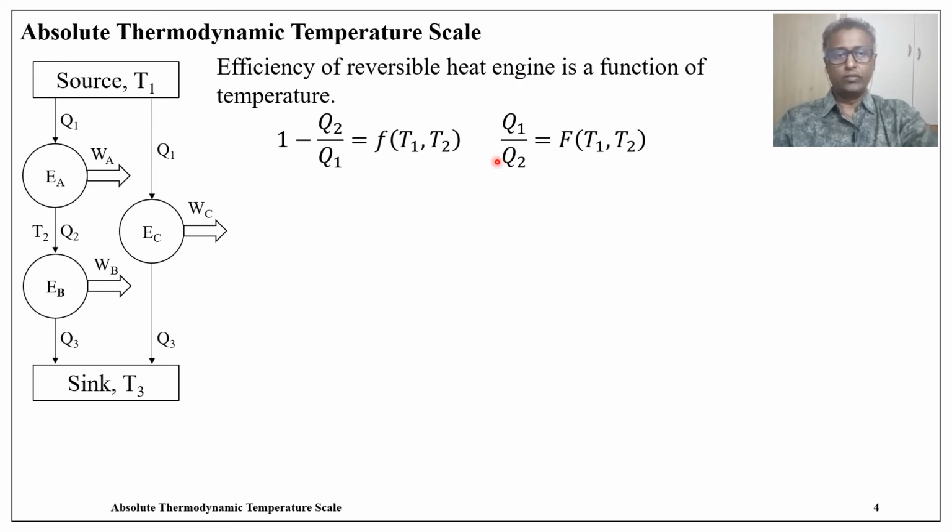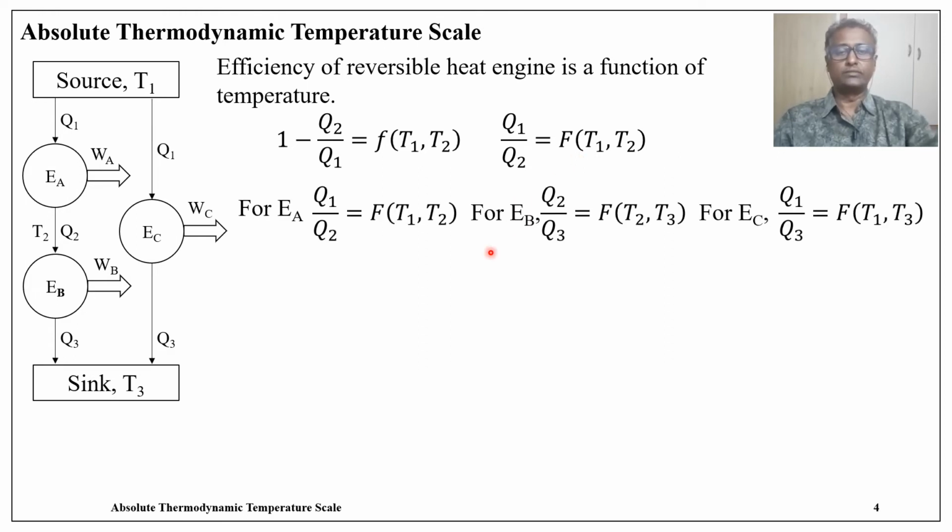This Q1 by Q2 is a function of temperature, and can be written for these three reversible engines separately like this. For engine A, Q1 by Q2 is a function of T1, T2. For engine B, Q2 by Q3 is a function of T2 and T3.